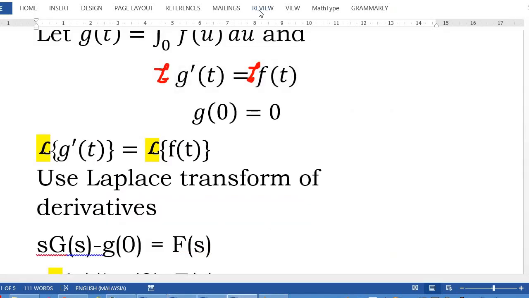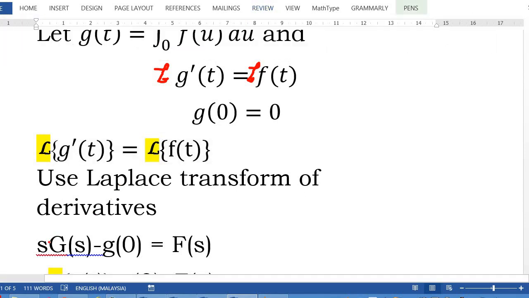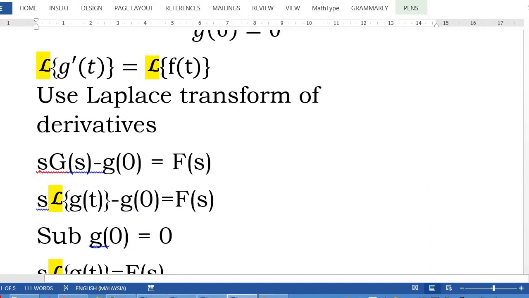Now this is the Laplace transform for g prime(t). Then it will be sG(s) minus g(0) equal to F(s), where G(s) is the Laplace transform of g(t). So you have s times the Laplace transform of g(t) minus g(0) equal to F(s).